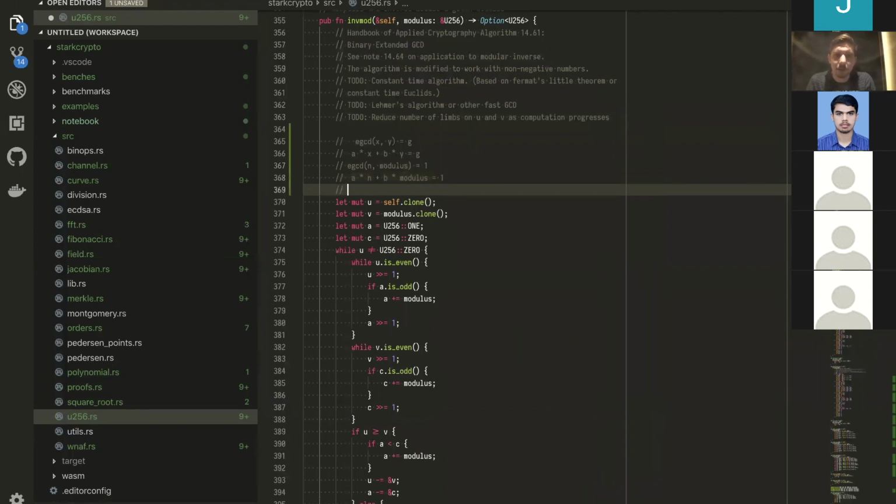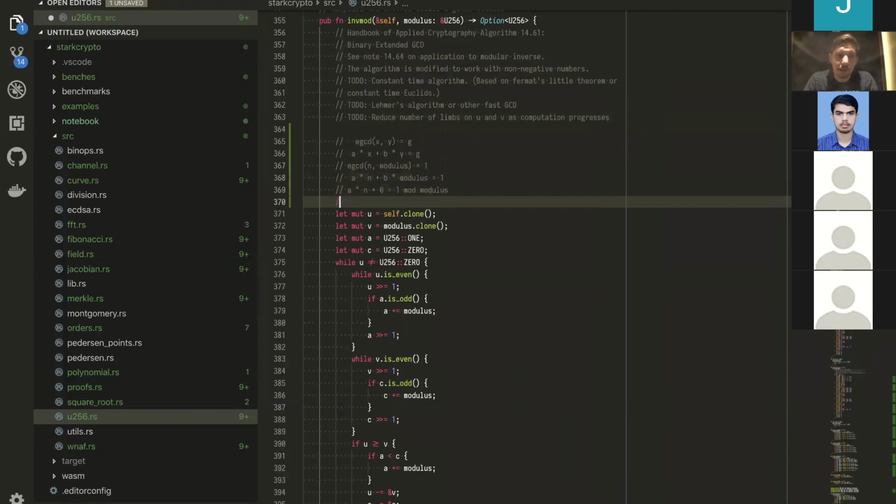If we take this expression modulo the modulus, b times modulus is just 0, so a times n equals 1 modulo the modulus. And what you see here is that now we have a number such that when we multiply it by n, it results in 1, meaning that a equals 1 over n modulo the modulus. So this is how you use GCDs to invert numbers.